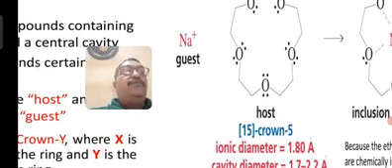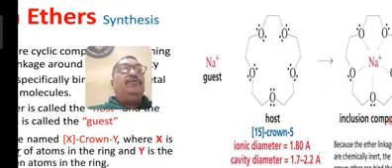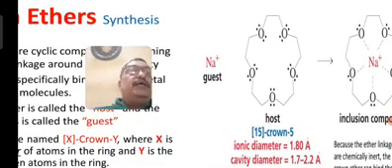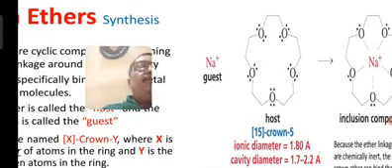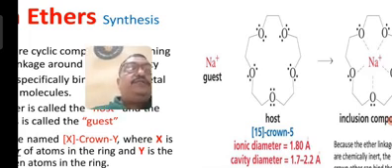15-crown-5. So what is this 15? The total number of elements present in this particular crown ether is 15. You can count the total number of oxygens and carbons in the ring system. And the 5 is the five oxygens involved in that ring system. So it is 15-crown-5, and each oxygen contains lone pairs of electrons, that is a minus delta charge.